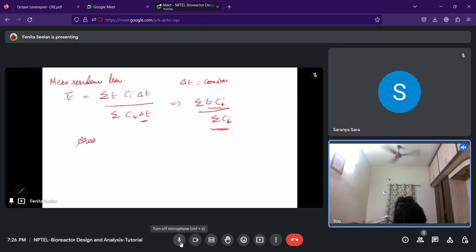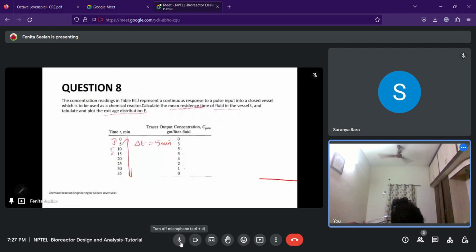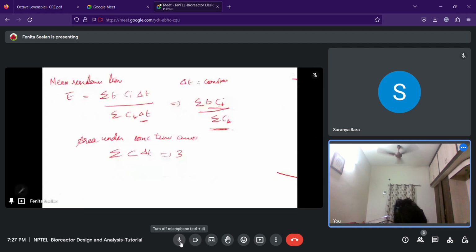So the area under the curve, how do you calculate it? Summation of C times del t is 3 plus 5 plus 5 plus 4 plus 2 plus 1, into your del t, which is 5.